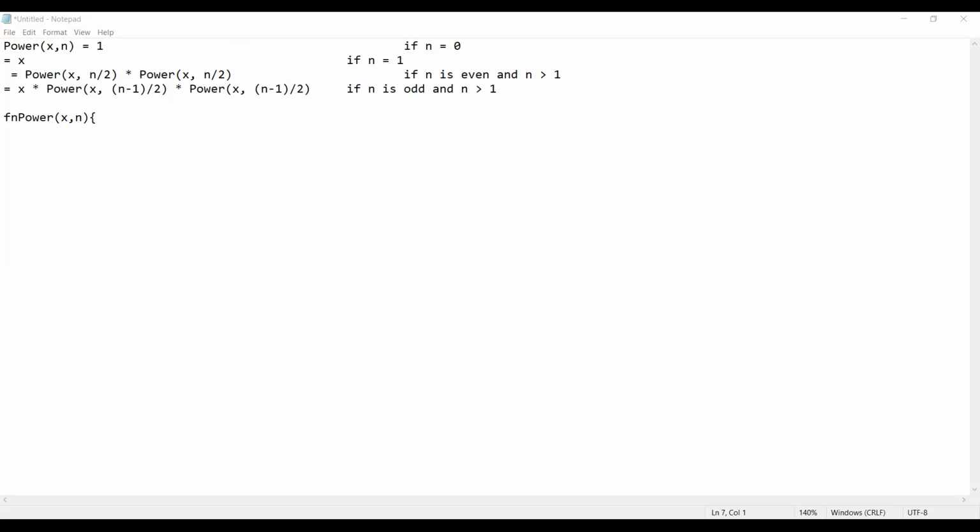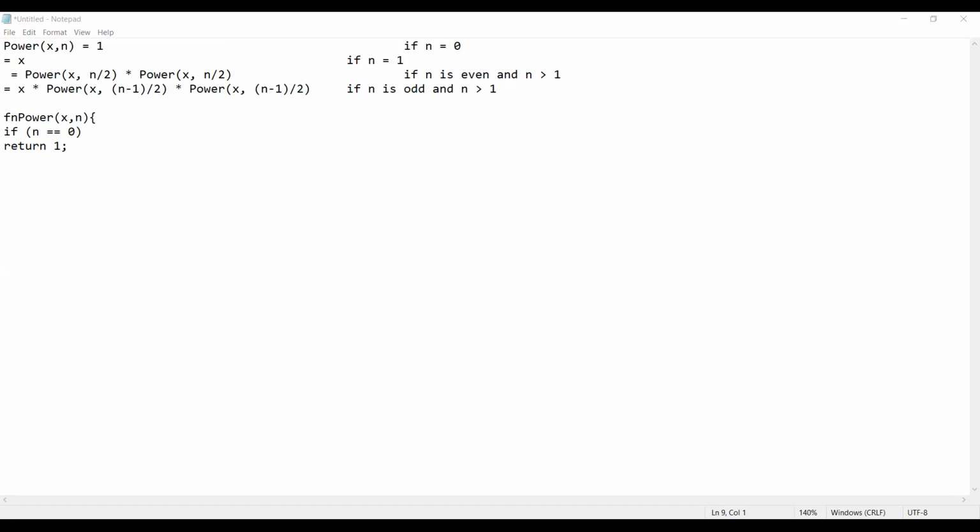At first we have to check the base criteria, that is if n equals 0 or not. Now if n equals 0, then obviously according to the rule it will return 1. So I have to write down this thing inside a notepad.